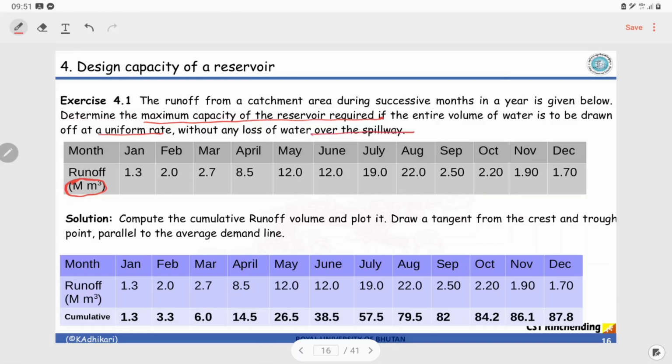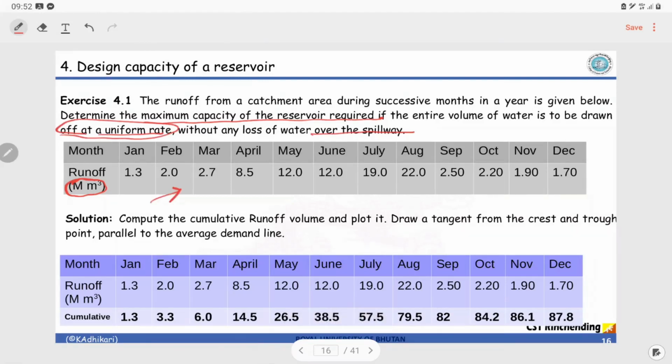So what they are saying is, this much inflow is there, and you have to give the capacity of the reservoir so that we can draw water from the reservoir at a uniform rate. So how do you decide this?